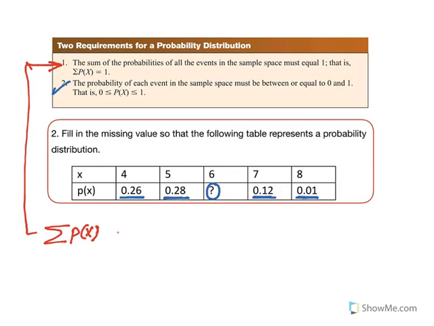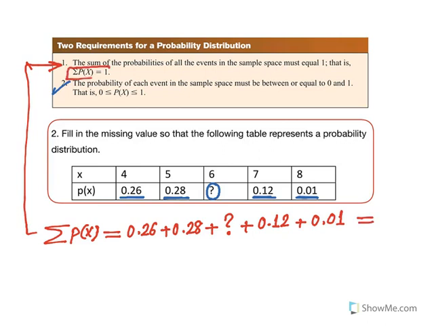We add up all these probabilities, so it's 0.26 plus 0.28 plus the question mark plus 0.12 plus 0.01. What do we want this sum to be? Look here, it has to be equal to 1. So this is what we want.